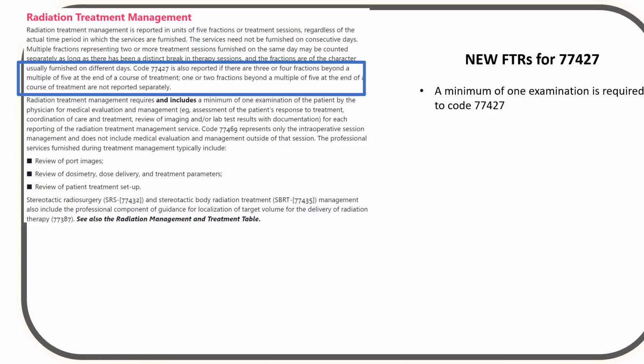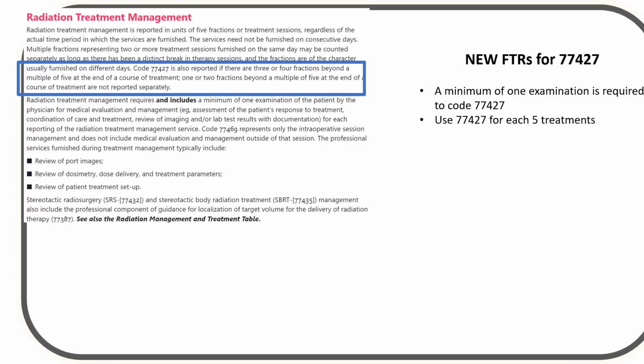So here are the FTRs. These are the guidelines, the clarification of that code. A minimum of 1 examination is required to code 77427. You just have to know that; you've got to have an examination.